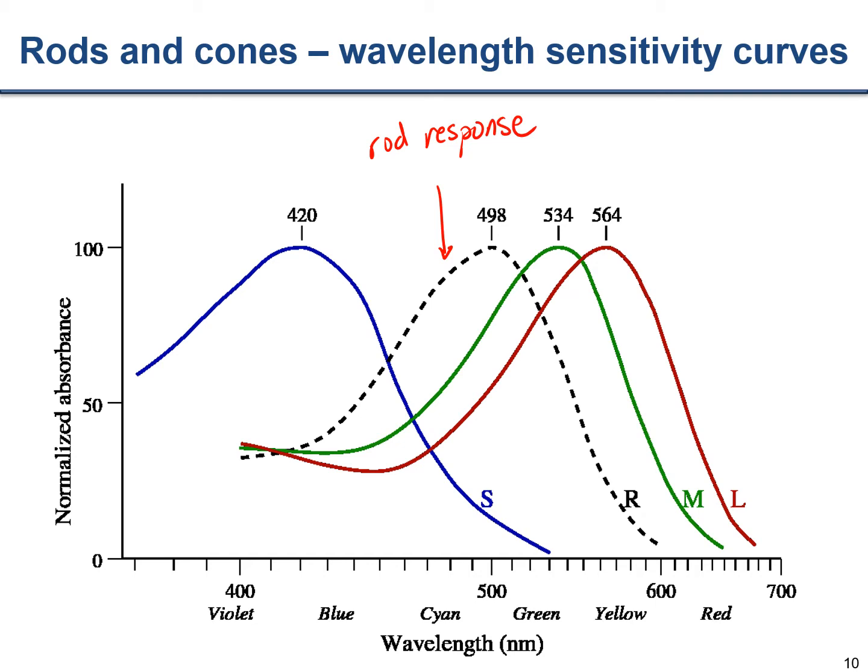Okay, so one question we have here is, I take a single cone cell, let's call it the blue cone cell, and it responds most strongly to light in the blue range here, but it also responds a little bit to light in the green range over here.